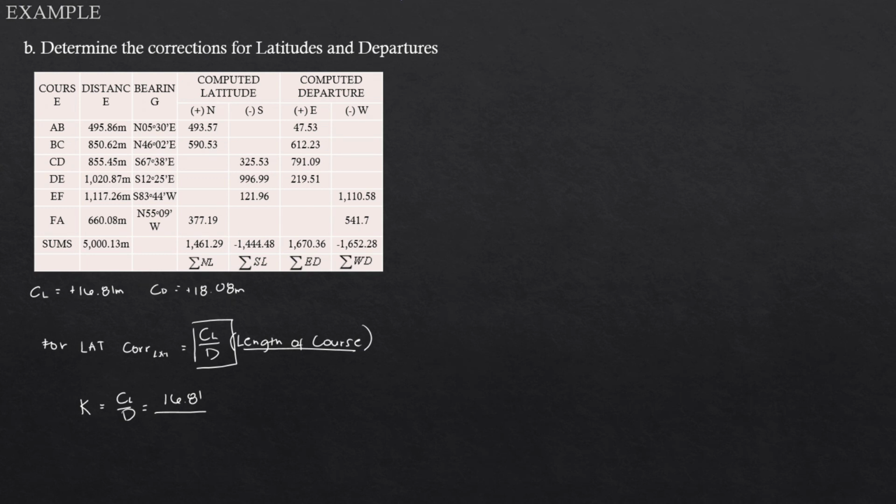So, meron tayong 5,000.13. So, ito siya. Yung D na yan is yung summation ng distances natin. Tandaan nyo yun.